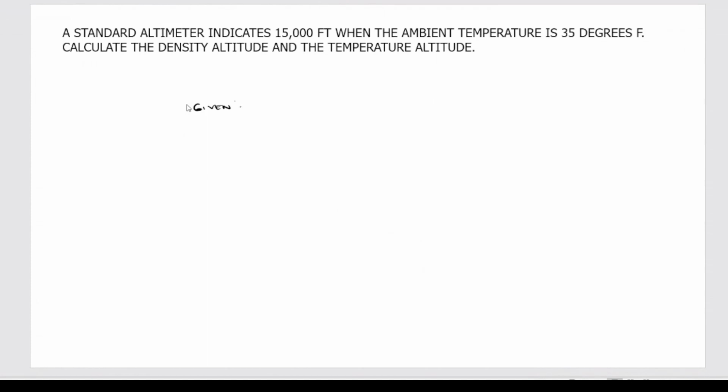So pag sinabing altimeter, ang mini-measure niyan is the pressure. So, pressure na nag-reflect doon sa panel ng aircraft at 15,000 feet. Meron kang height na 15,000 feet, pero it is for altimeter lang.